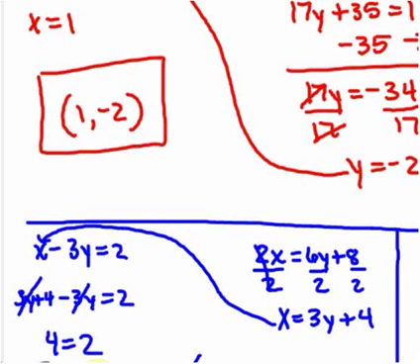We'll even do one with fractions in it because they're probably going to throw 1 or 2 of those at you. We learned Monday night, I believe, how to solve an equation with fractions in it.